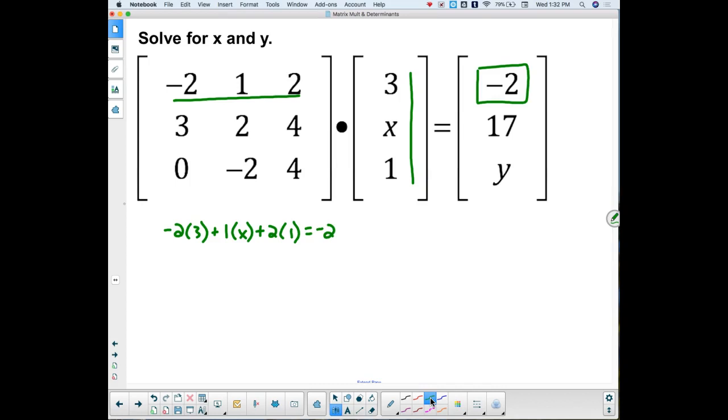Well, negative 2 times 3 is negative 6. 1 times x is x. 2 times 1 is 2. So negative 6 plus x plus 2 has to equal negative 2. Or x minus 4 has to equal negative 2. Or x has to be positive 2.